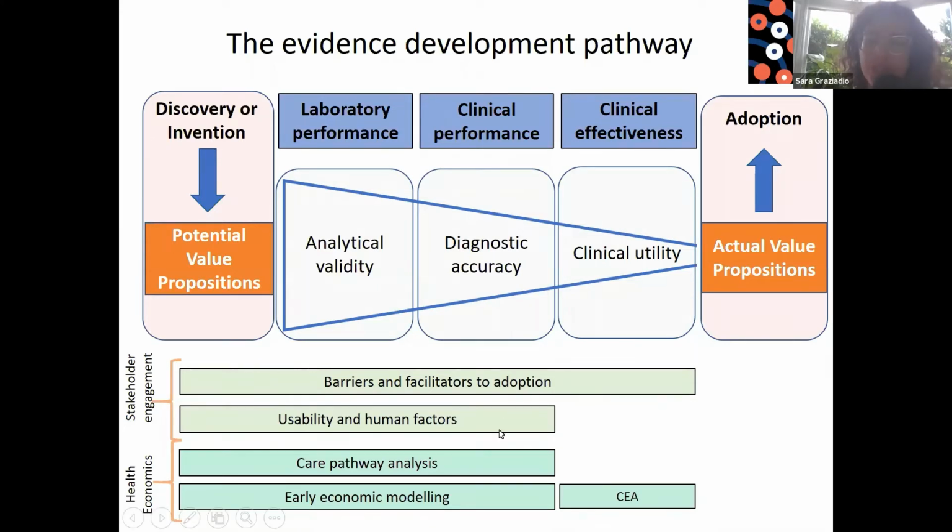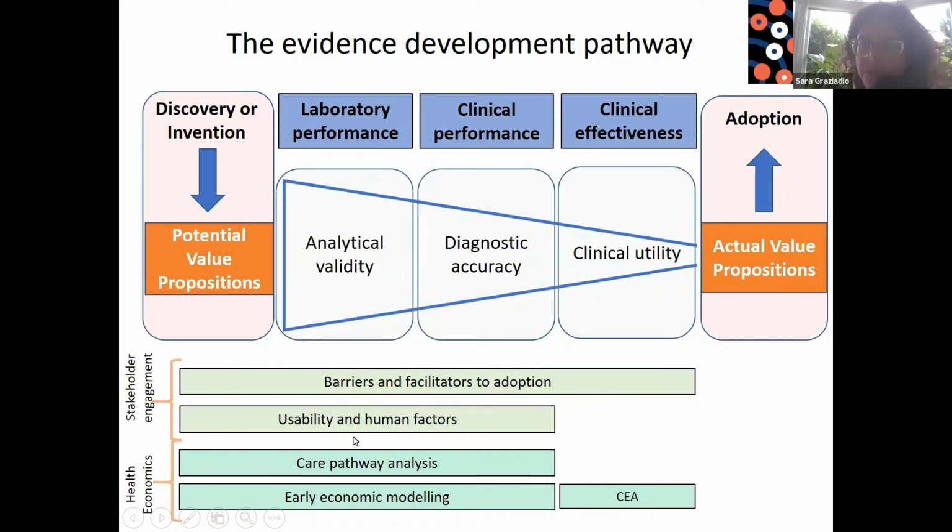So this is always part of what we ask clinicians when we do the early evaluation of the value propositions at these early stages. I will talk a bit more about that in the next slide, but we will have one talk on Friday on this. This links with care pathway analysis.